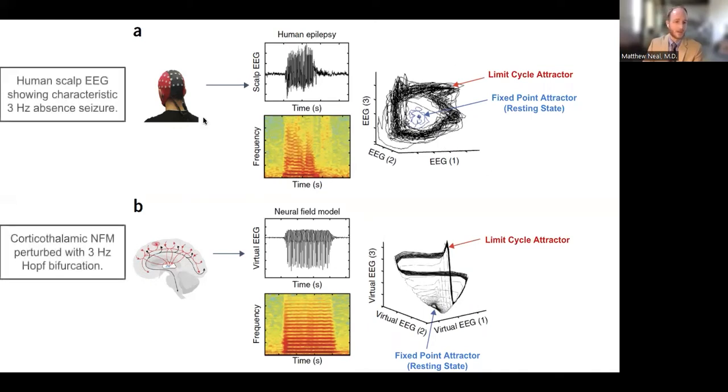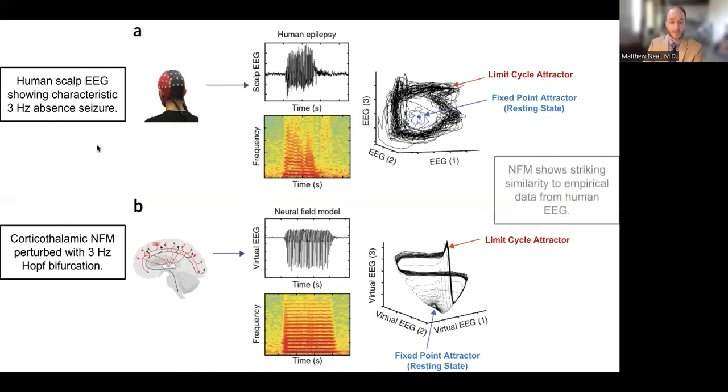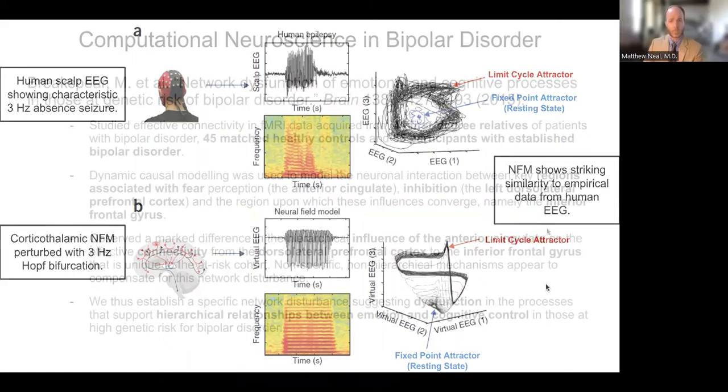And then again, with the corticothalamic neural field model, when you perturb it with a 3 Hertz bifurcation, you get something that looks really similar to the spectral characteristics of the absence seizure in this patient. The phase portrait, similarly, is cleaner, but you still have the two really important features here: this fixed point attractor or resting state, and then the limit cycle attractor that represents the seizure itself.